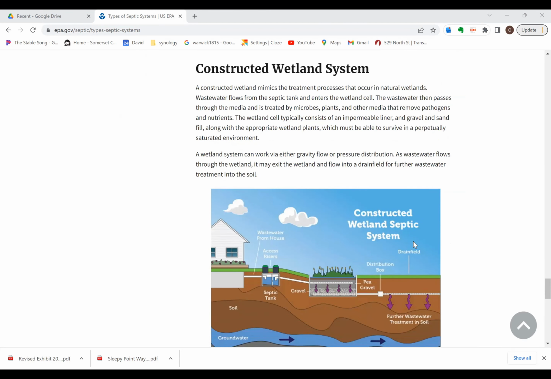So we can also make a wetland system. That one excites me the most. I don't know why. It's environmentally friendly. So basically you're creating a wetland cell, and it's cleaning everything for you.